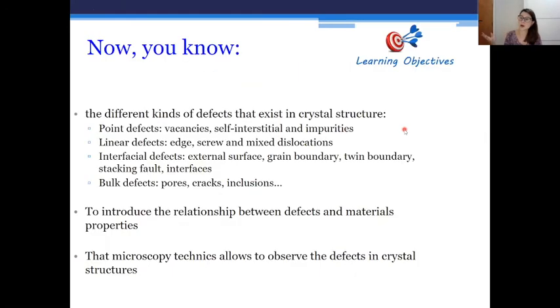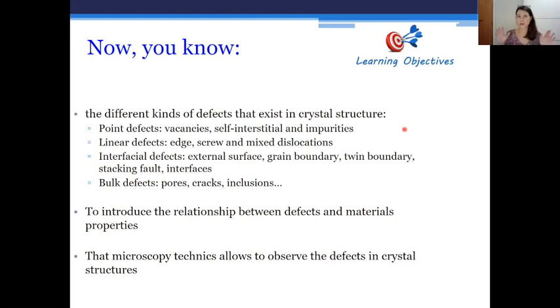Okay, so now you know the different kinds of defects that exist in crystal structures. We saw point defects: vacancies, self-interstitials, and impurities. Then we introduced linear defects: edge dislocation, screw dislocation, mixed dislocation, and we saw the relationship between plastic deformation and this kind of dislocation. After that, we introduced interfacial defects: external surface, grain boundary, twin boundary, stacking faults, and interfaces.